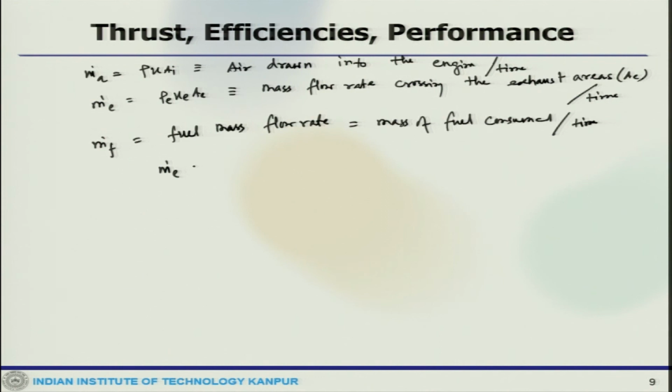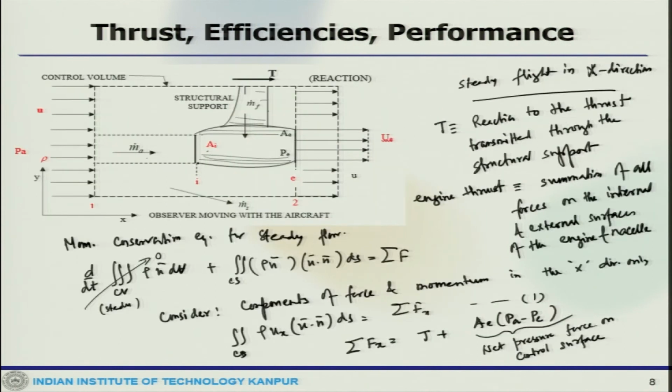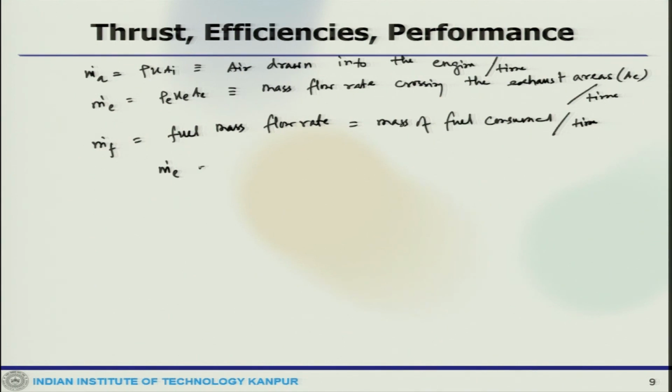So, m dot exit, if you look at the diagram, this is where the mass is drawn into the system, fuel is added, and m dot E should be m dot A plus m dot F, which one can write as m dot F is ρ_E u_E A_E minus ρ u A_I.